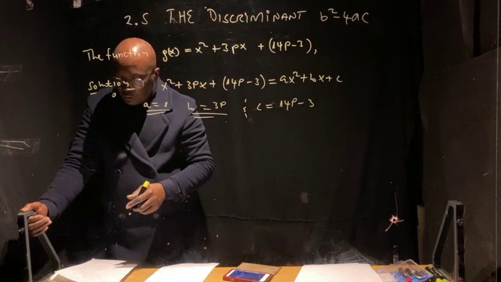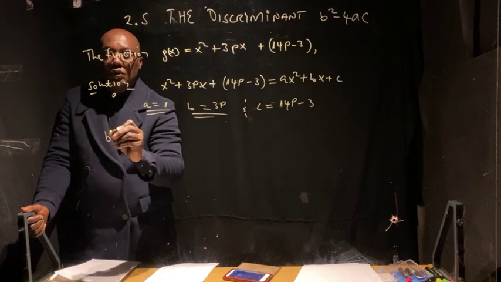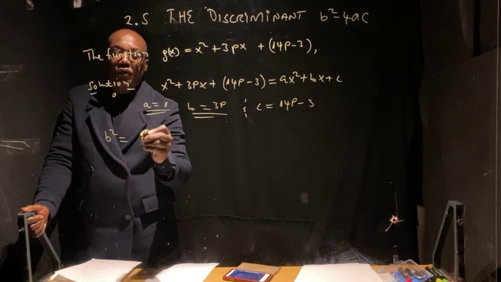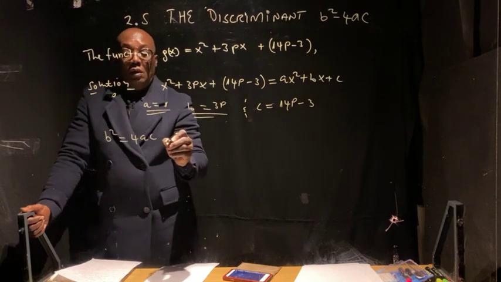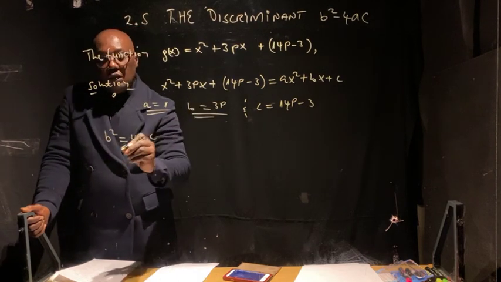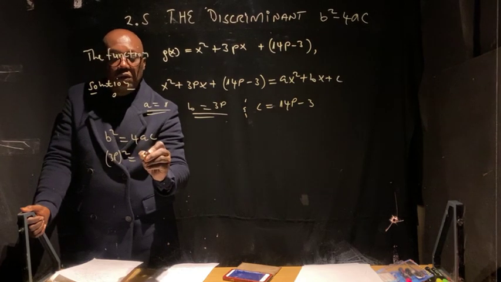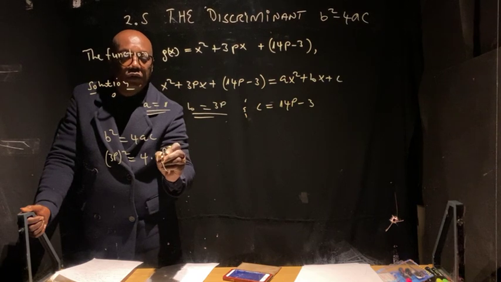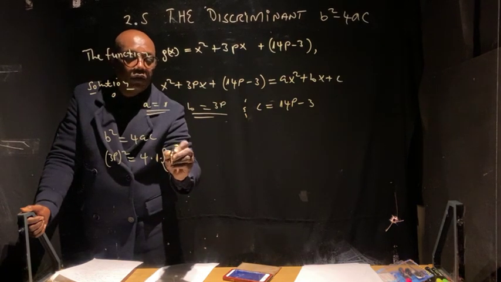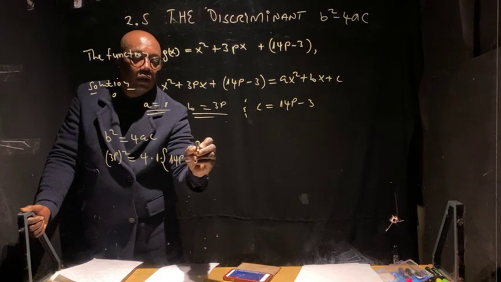For two equal roots, we use b squared equals 4ac, which indicates that b squared, (3p) squared, equals 4 multiplied by 1 and then multiplied by c, which is 14p minus 3.